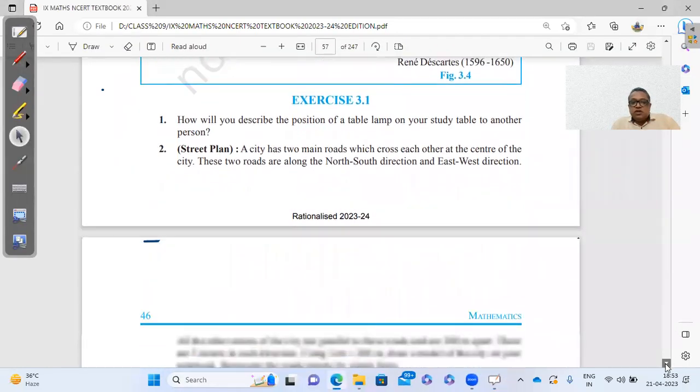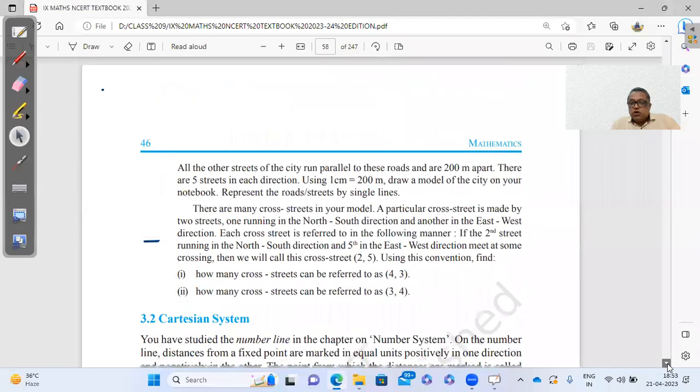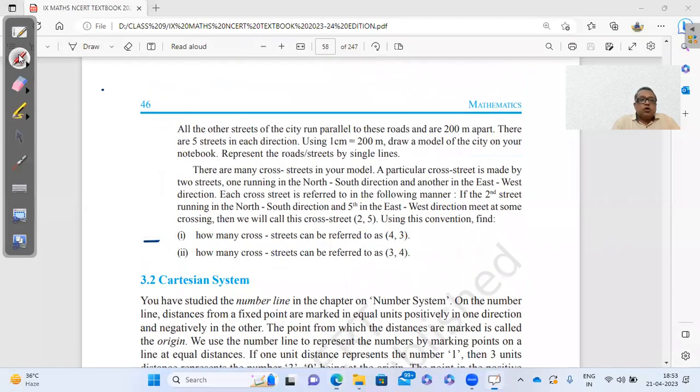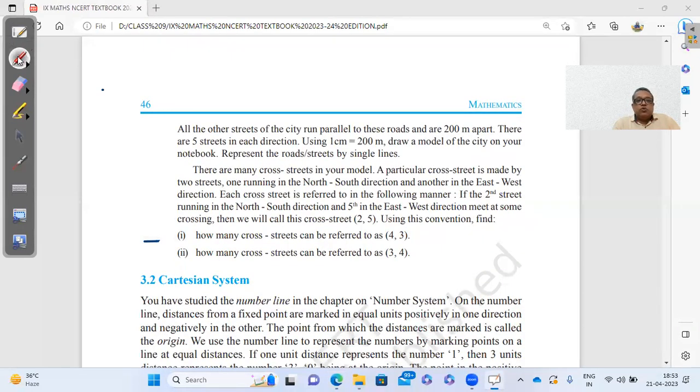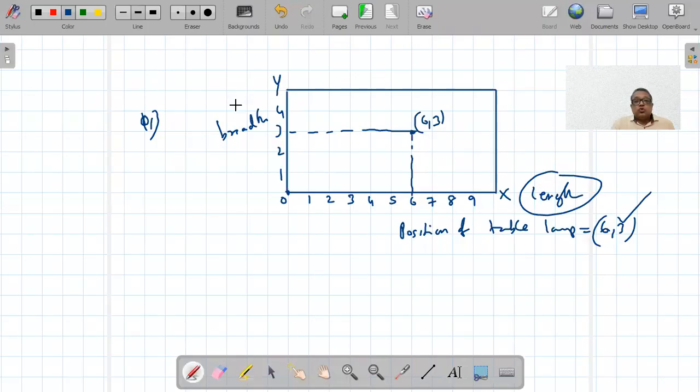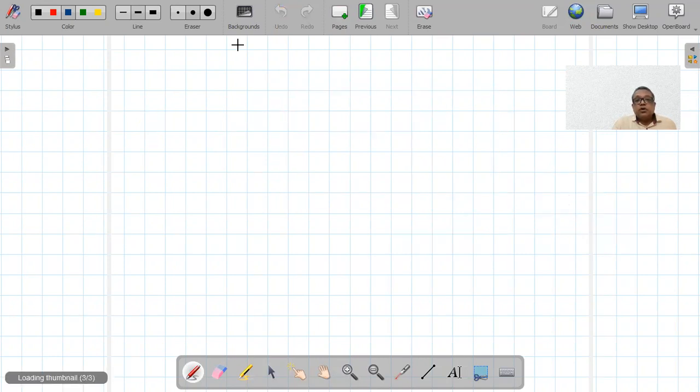Second question is about crossroads. Now, when you are talking about crossroads, it means there are roads which are running parallel to each other, equidistant to each other, right? So here we are to draw these crossroads. Again, question number 2. I'm going to draw crossroads.